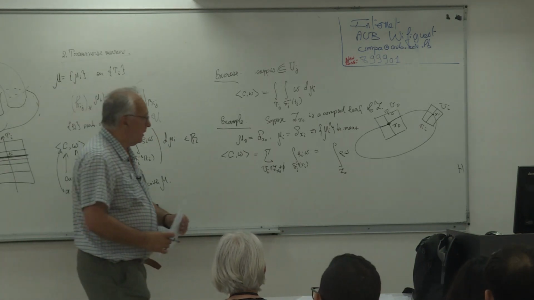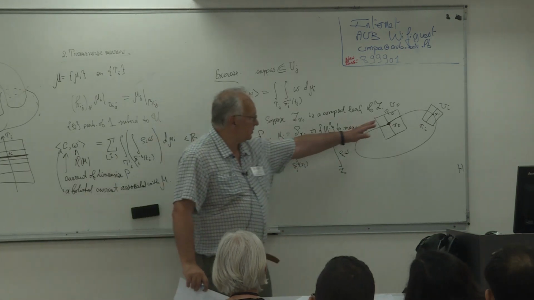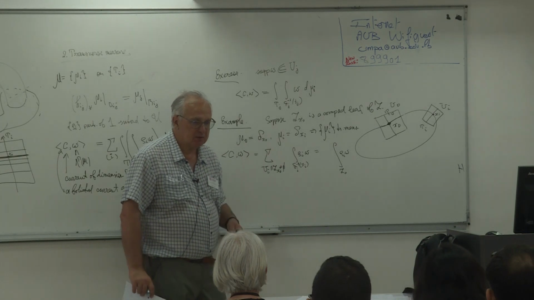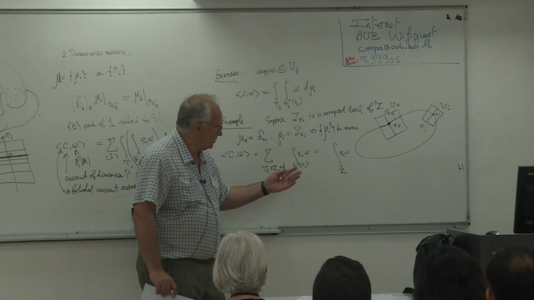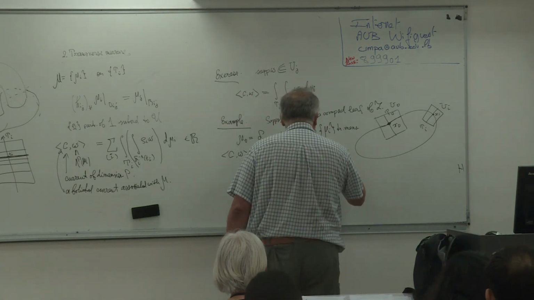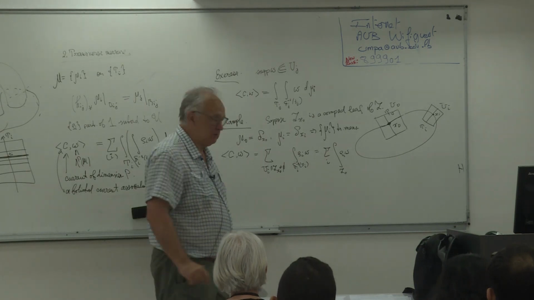This is a form with compact support contained here, and so it is a globally defined form on L. And this integral is just the integral over L. Then we take the sum over i, and we use rho_i as a partition of unity.